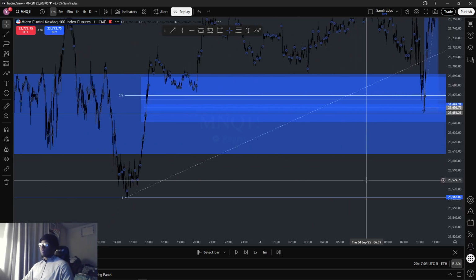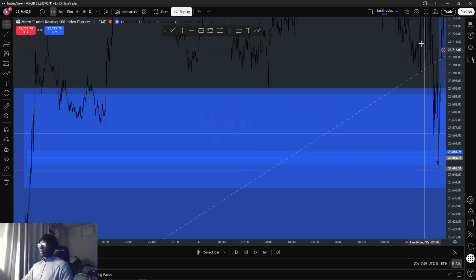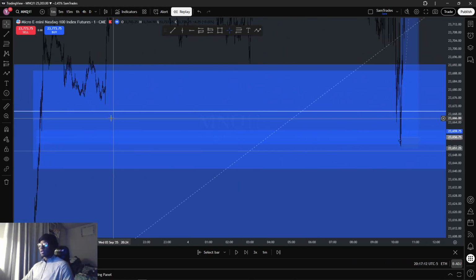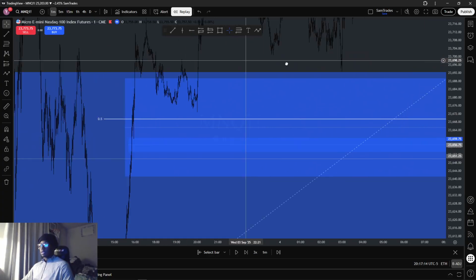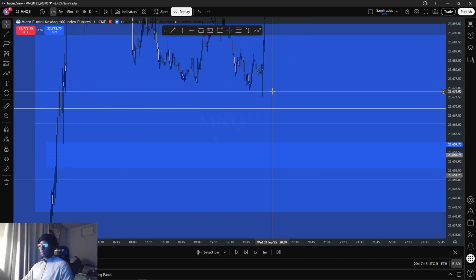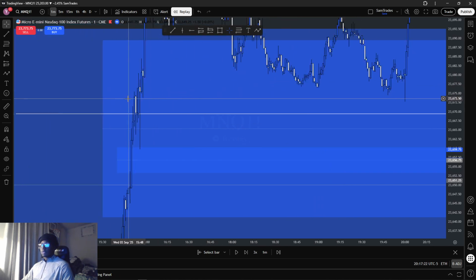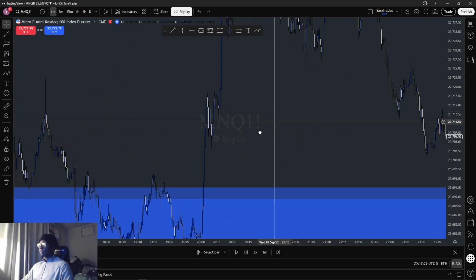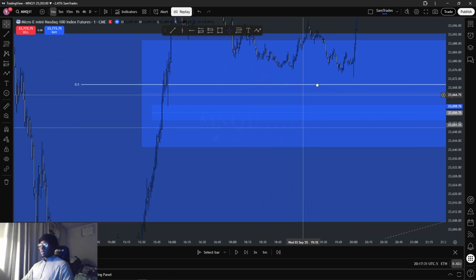So I scaled down to the 1 minute, and I basically looked for gaps that were already tapped into, but continued, but not really fully tapped into. There are no gaps here. This wick right here swept the sell side, but didn't tap into any gap, so you can't use that one.